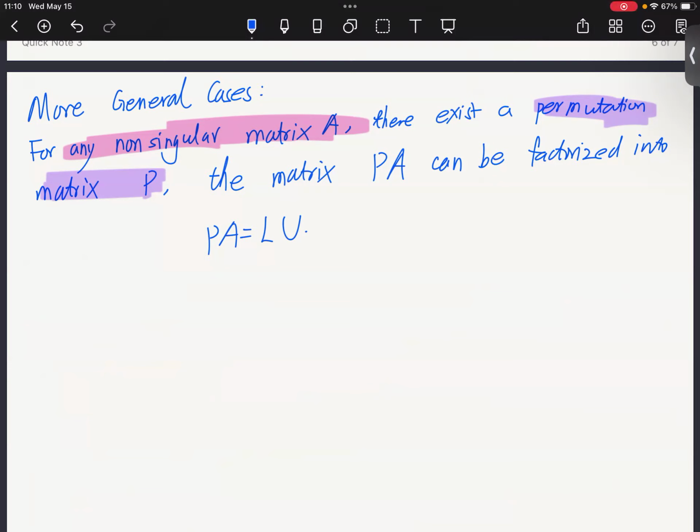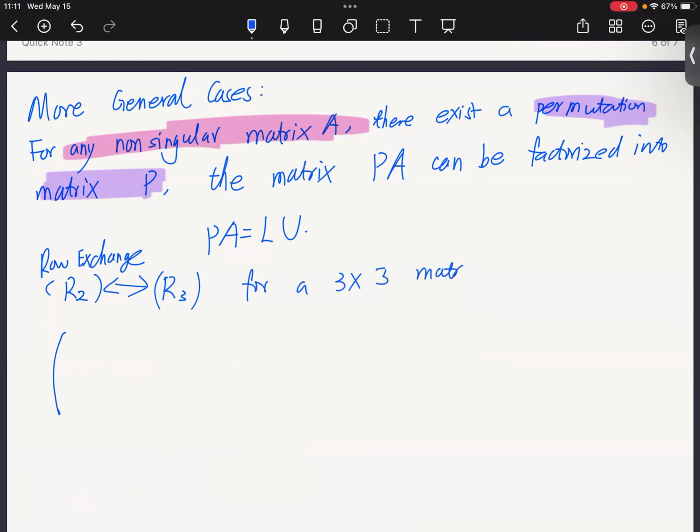For example, you are doing the row exchange, row 2 and row 3, and how do you create the permutation matrix corresponding to this row exchange? So first, let's say we are doing the row exchange operation for a 3 by 3 matrix.